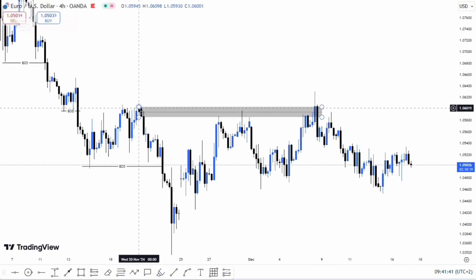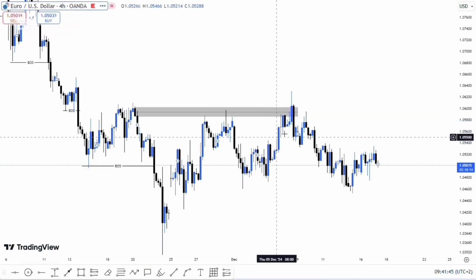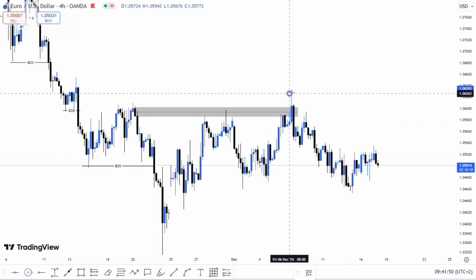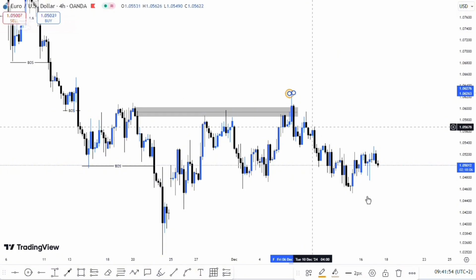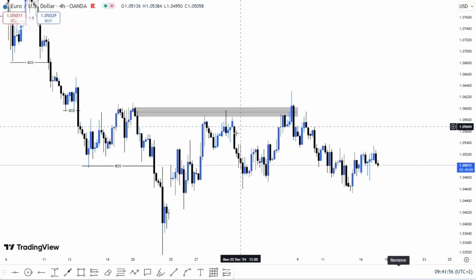Looking at this order block, it has already been filled. So this order block took some people out. This week could have stopped out some of the sellers trying to sell from this point.